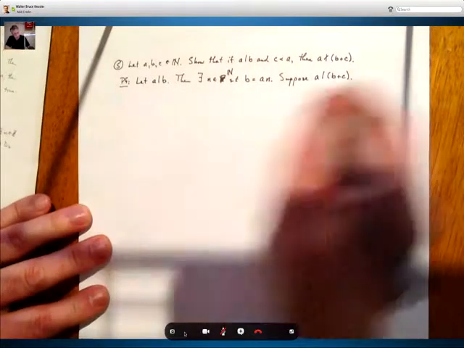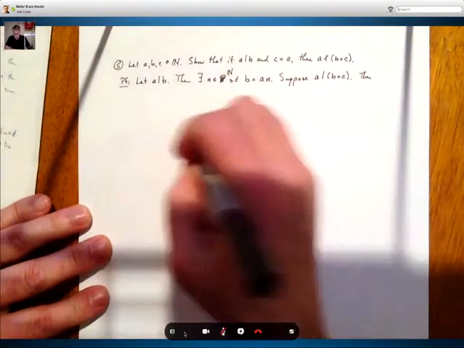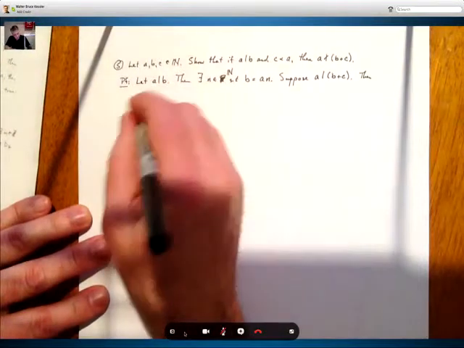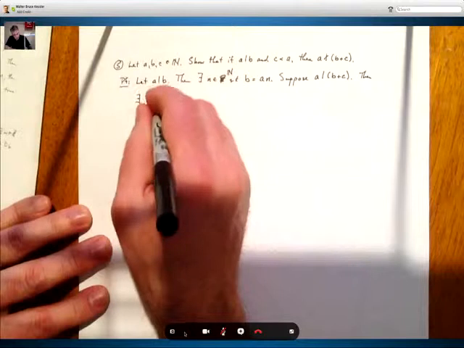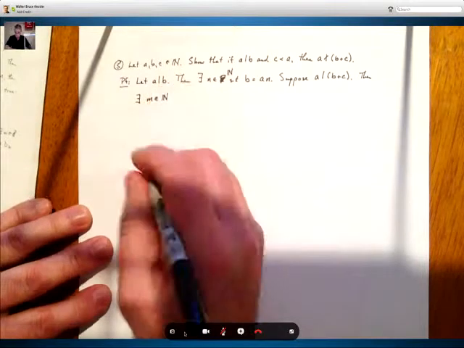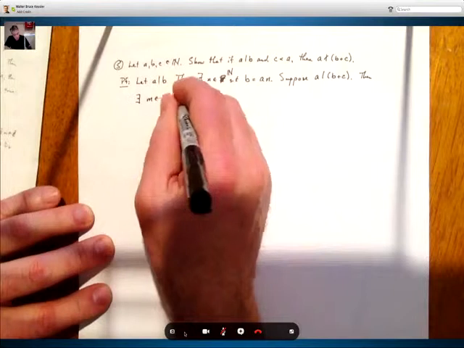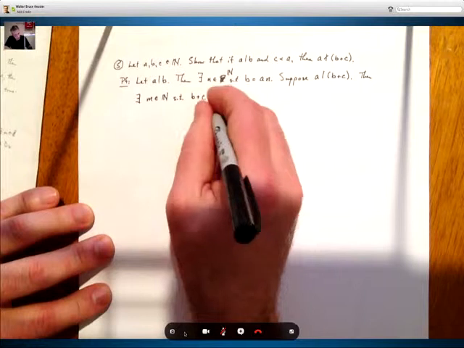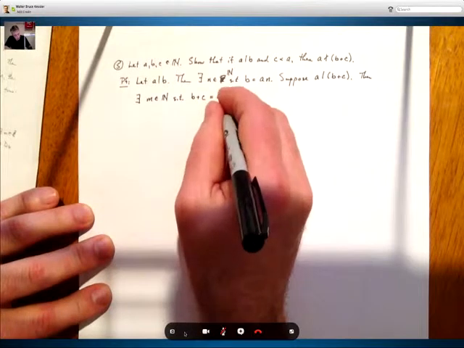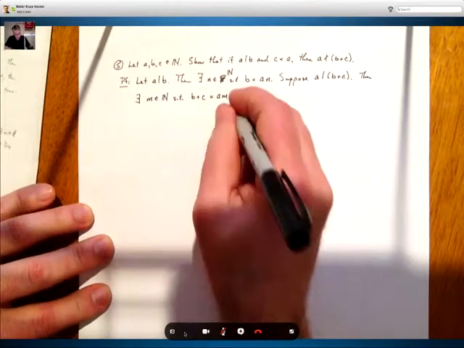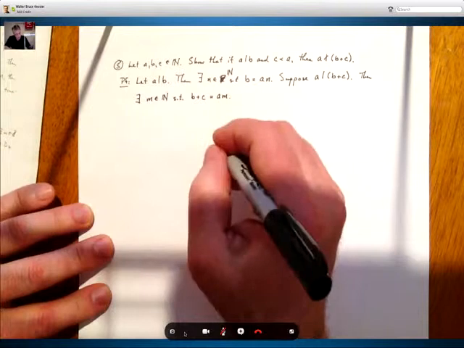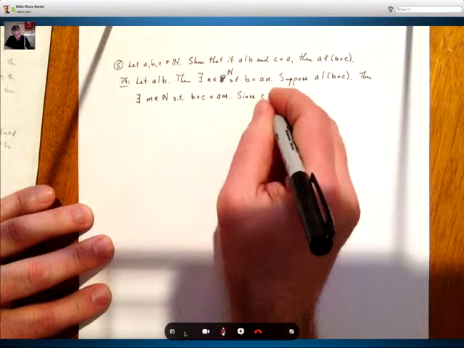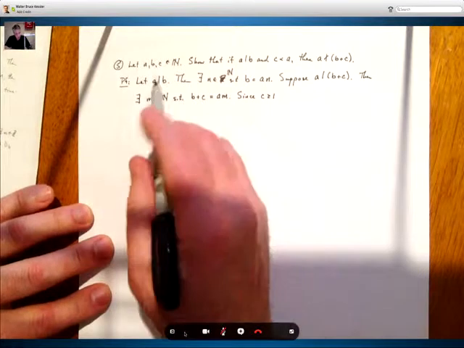So anyway, then there exists M, and again, I can stick with the natural numbers on this, such that B plus C is A times the M. Okay. Now, this is where the natural number business comes into play.